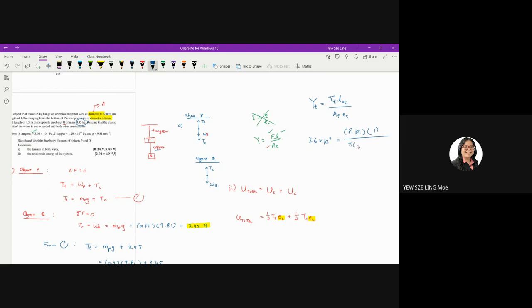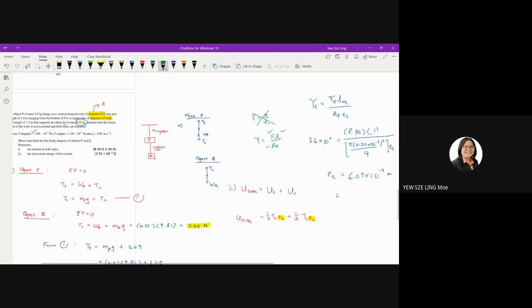So pi times d squared, d is 0.22 times 10 to the power of negative 3, squared, divided by 4, and then times e. Rearrange the equation, e_T is then equal to 6.09 times 10 to the power of negative 4 meter. So this is the elongation, the extension in the tungsten wire.